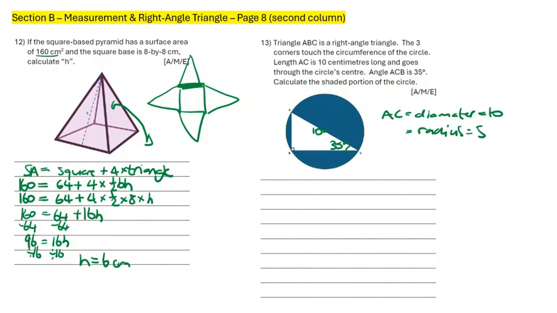So if we start the question like we have in the previous bit here, the shaded area is going to be equal to the area of the circle minus the area of the triangle. So that's a general way I like to start these measurement ones. The area of the circle is going to be easy to figure out. That's pi r squared, and we've got the radius, so there's nothing wrong there.